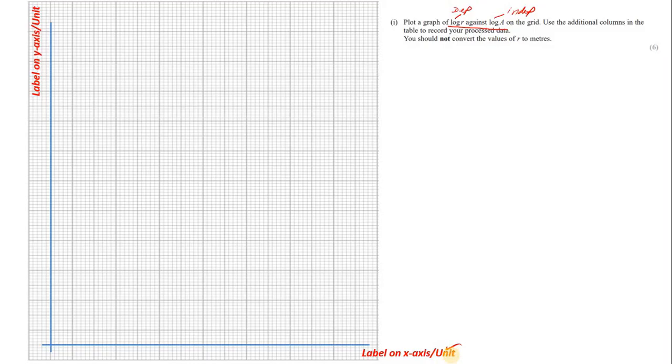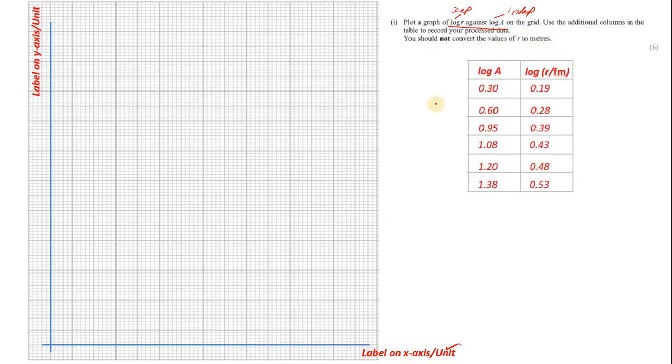So the first thing in plotting a graph: once you draw the axis, don't forget to label it with the proper unit. In this case, we need to plot log of r against log of a, and on the x-axis we always use the independent variable, and on the y-axis we always use the dependent variable.